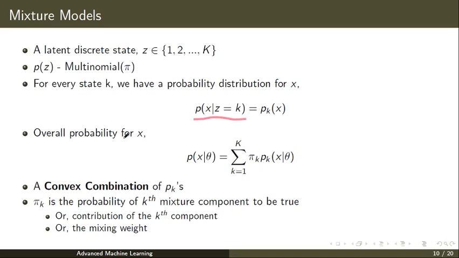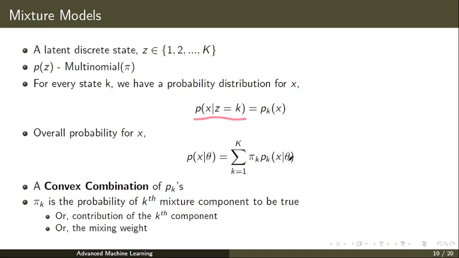The total probability can be calculated like this. Probability of x given theta is the summation over 1 to k of pi k times p_k of x given theta. p_k of x is the short form of this. In literature, you will see this representation only. p_k of x means probability of x given z equal to k.